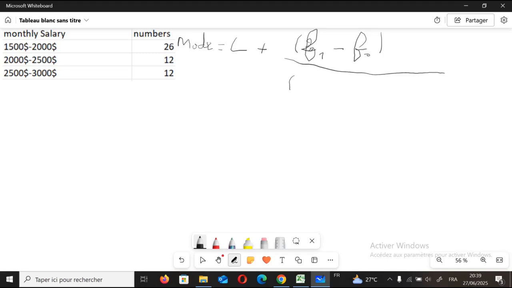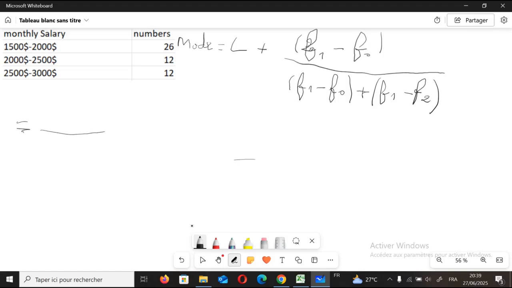The frequency of the modal class minus the frequency before the modal class, plus the frequency of the modal class minus the frequency after the modal class, we call it f2. Now we're gonna calculate.